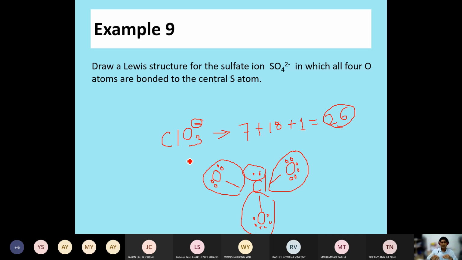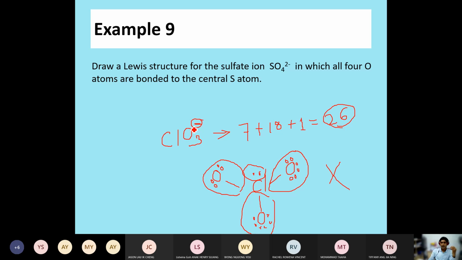The best formal charge is 0 for all the atoms involved in this molecule. But the higher the formal charge, the less stable it is. So now this is not the most stable chlorate structure.